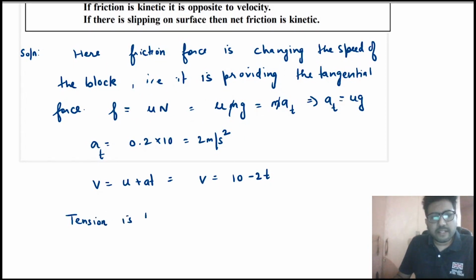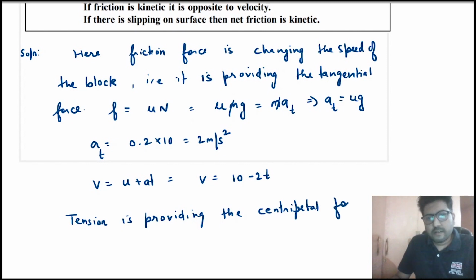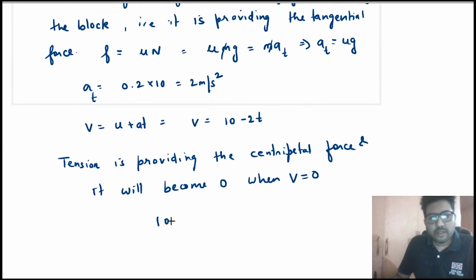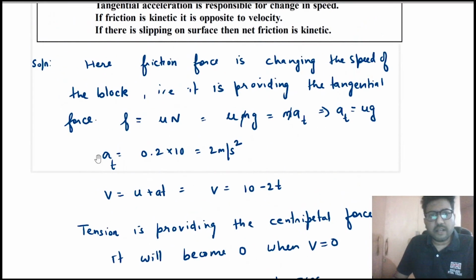Tension is providing the centripetal force, and it will become 0 when the velocity of the particle becomes 0. That means 10 minus 2t is equal to 0. That means t is equal to 5 seconds. So at t equal to 5 seconds, you will say that the tension in the string becomes 0.